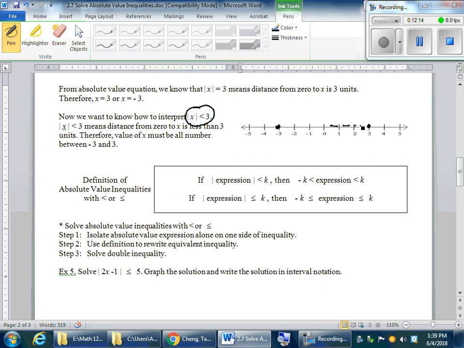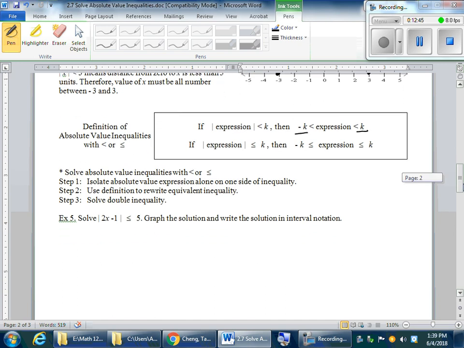So it must be right here. That way, from 0 to here the distance will be smaller than 3, and from 0 to there will be smaller than 3. So that makes the equivalent statement this way. If the absolute value of an expression is less than k, then that expression is trapped between negative k and positive k. Similarly for the less than or equal to sign.